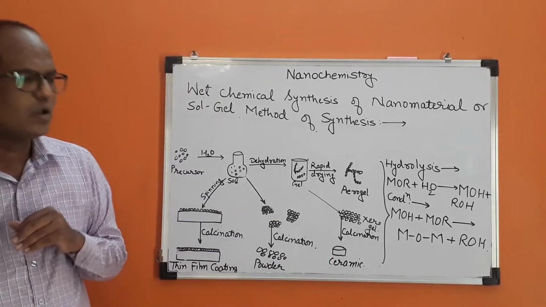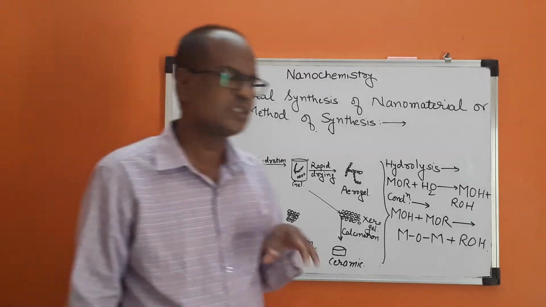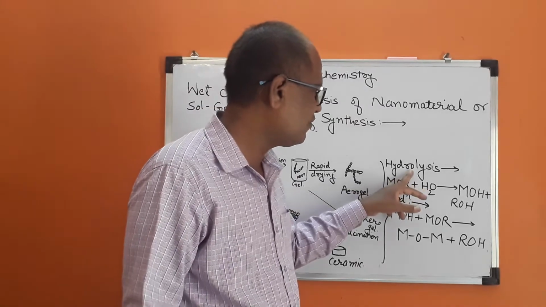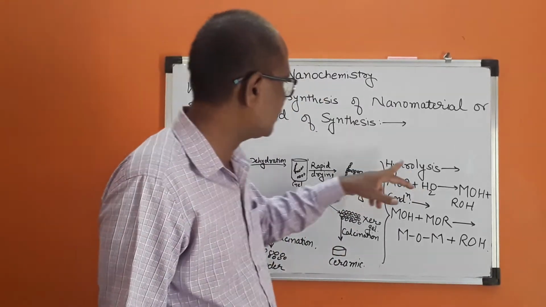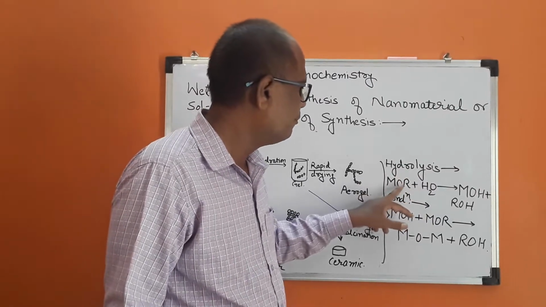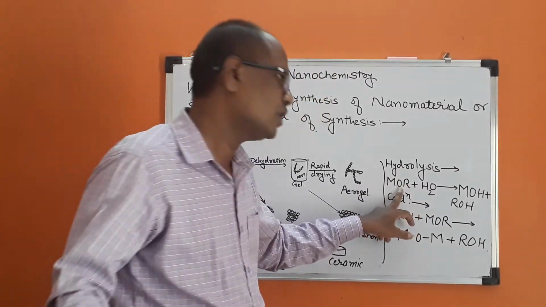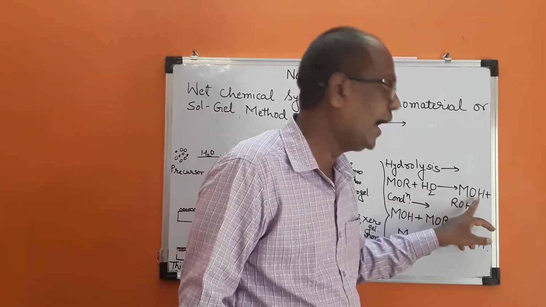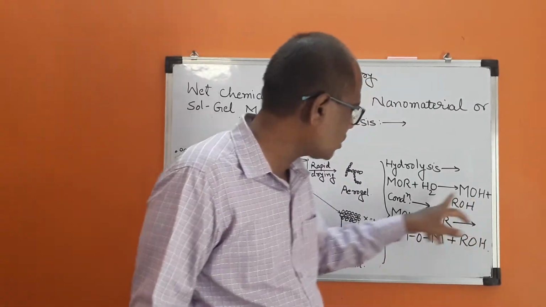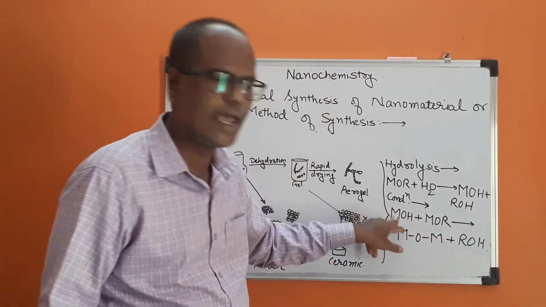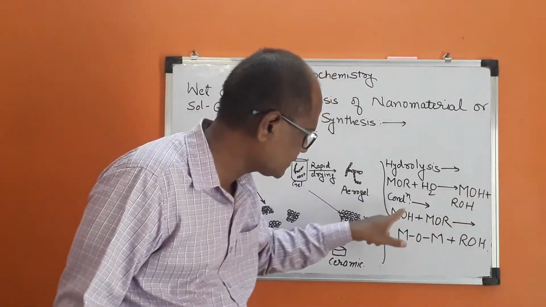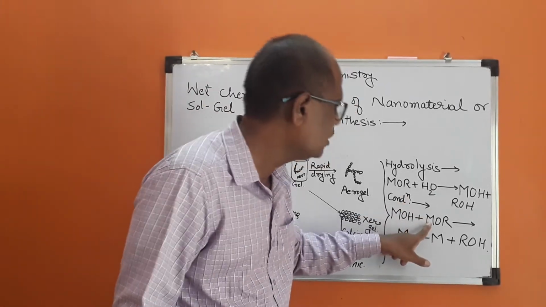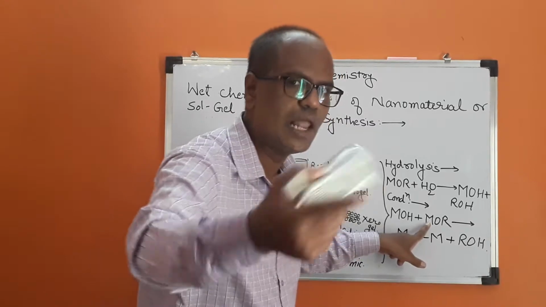Now let us try to understand the reactions which are involved in this process. What are those reactions? Number one, hydrolysis. In hydrolysis, metal alkoxide undergoes hydrolysis, means addition of water molecule, so as to produce metal hydroxide. And the same metal hydroxide, MOH, undergoes a condensation reaction with metal alkoxide.